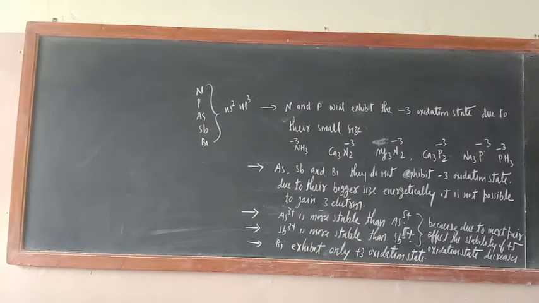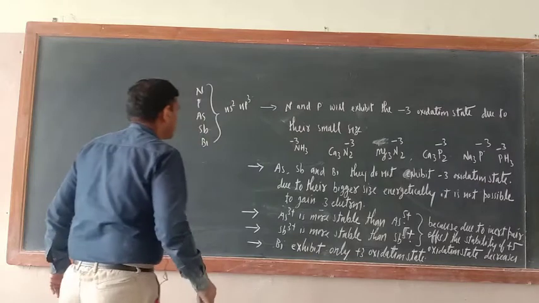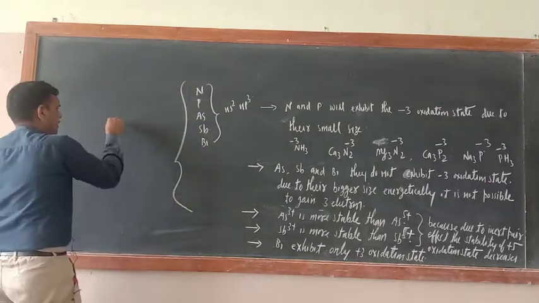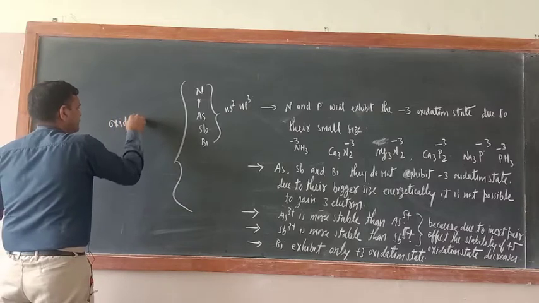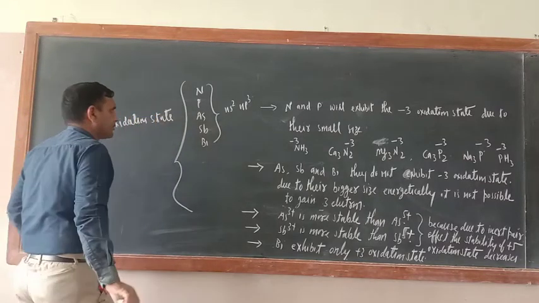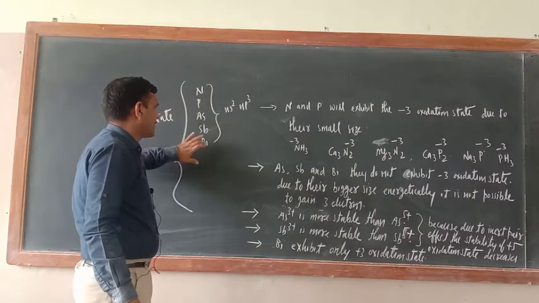So dear cadets, now oxidation state of the 15th group. Just see, what are the members? Nitrogen, phosphorus, arsenic, antimony and bismuth.